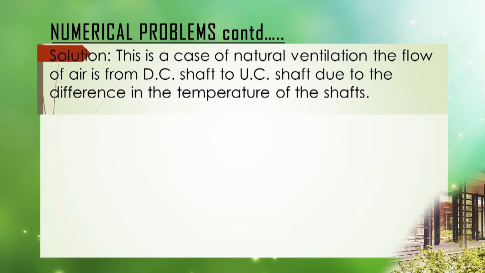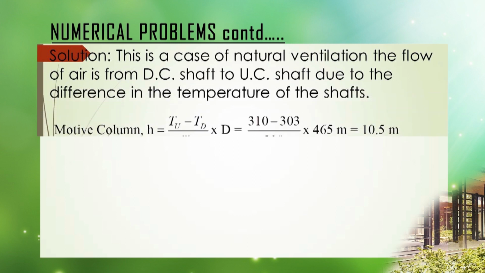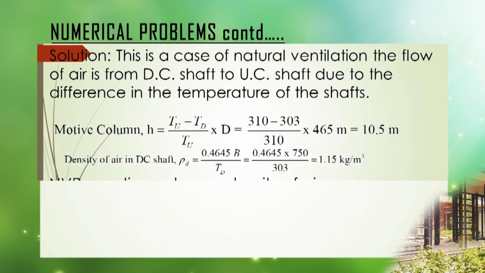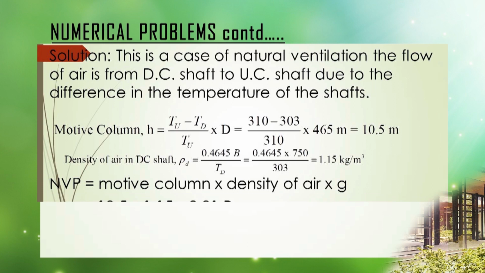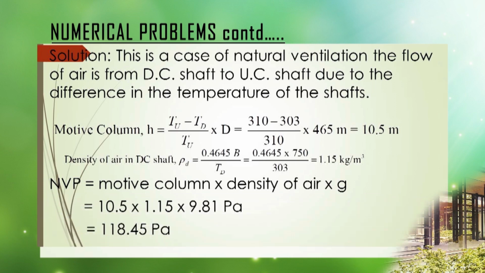The flow of air from downcast shaft to upcast shaft is due to the difference in temperature of the shafts. We determine the motive column. H = ((Tu − Td) / Tu) × D, which is (310 − 303) / 310 × 465 meter, about 10.5 meter.